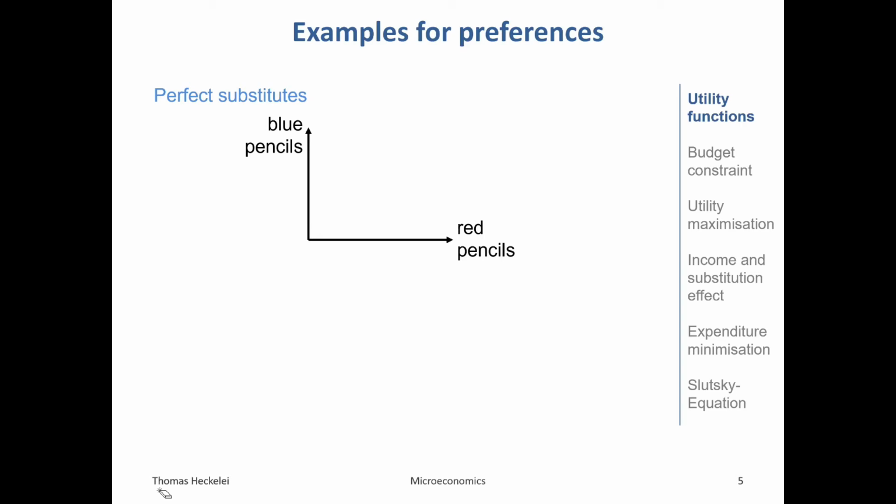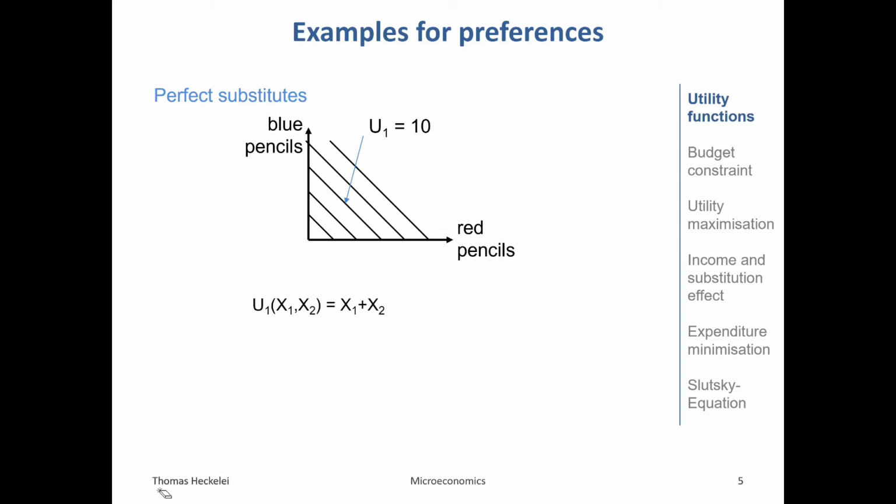Before we go to the next case, there's something also helpful to realize at this stage. Like before, let's say we are on this utility level, the indifference curve, which is U equal to 10 pencils in total, doesn't matter which color.